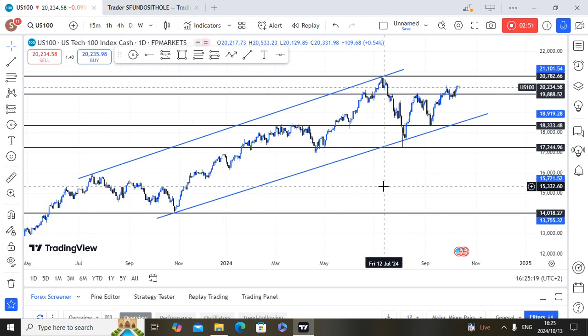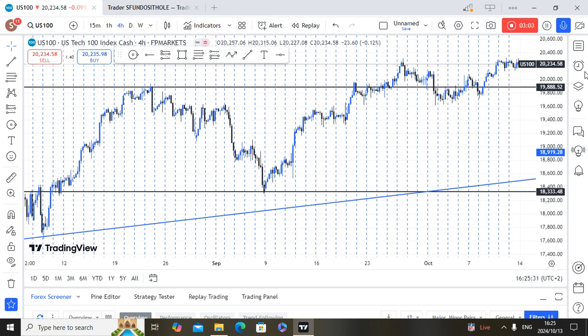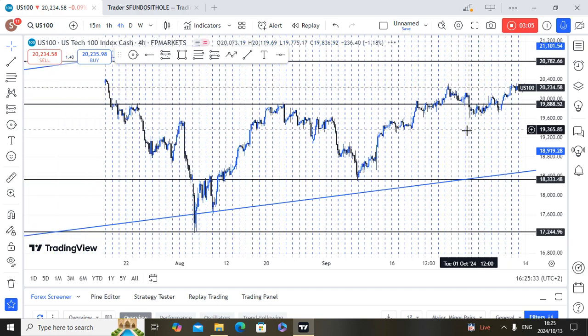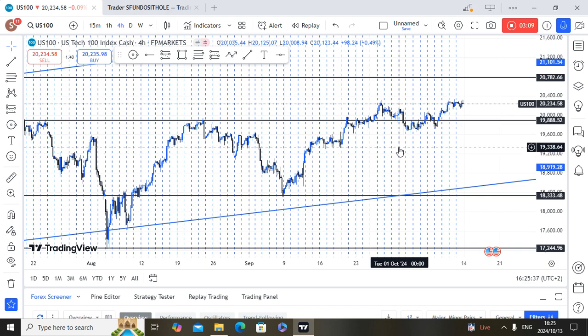Having taken out the structure, I'm going to go to the 4 hour time frame. On the 4 hour time frame, I check the trend, where the market is trending, and the chain also. As you can see, Buffet, we have a chain above of buys from the daily time frame structure.